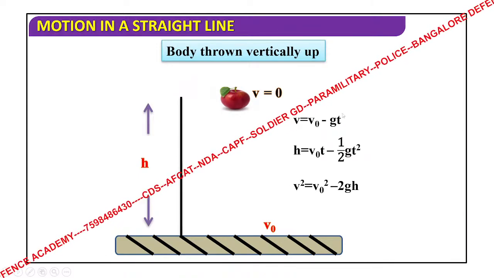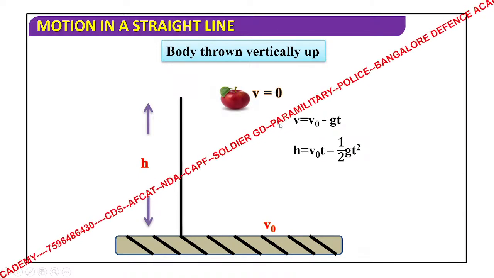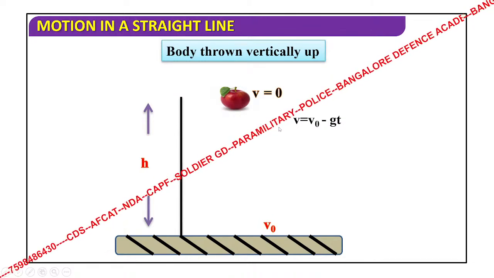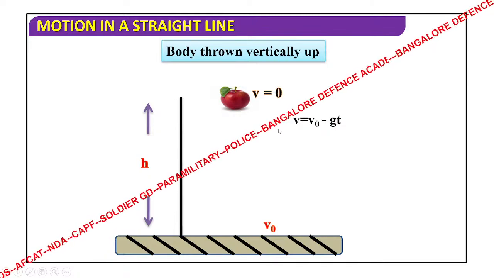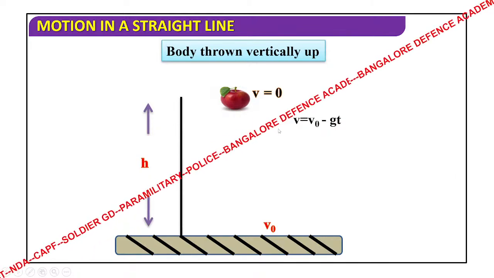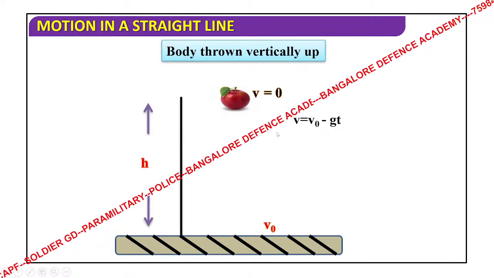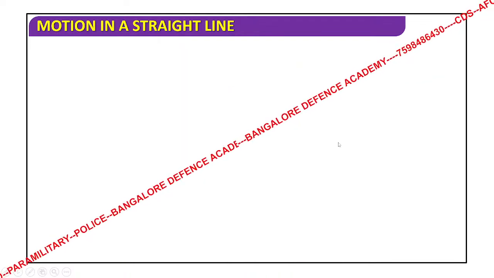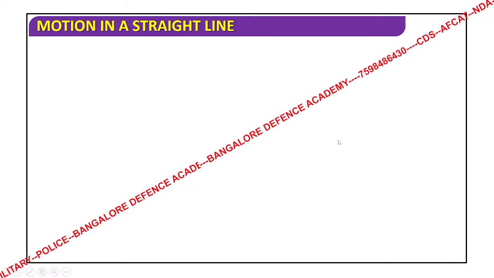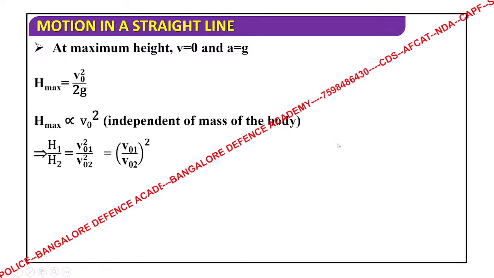Understood? So these are the two cases. When some object is falling down, I'll take acceleration as positive g, and if something is going up, the work is done against gravitation, so I will take acceleration as minus g. In tomorrow's class, we'll continue with this and a few more interesting problems. So come prepared with the basics.